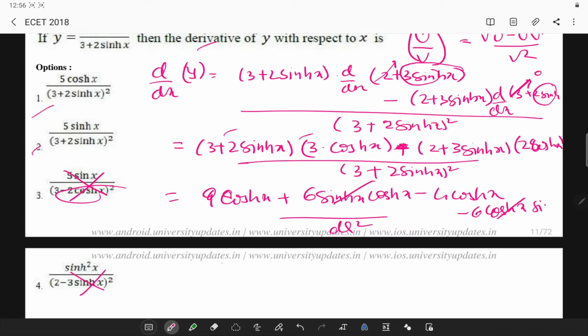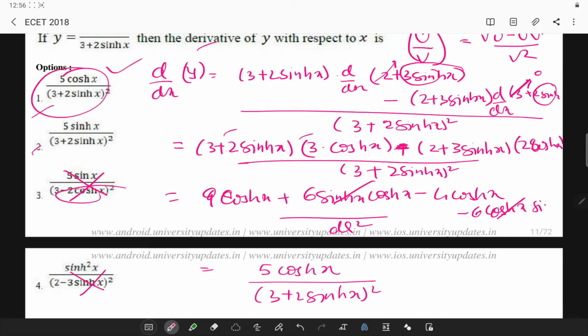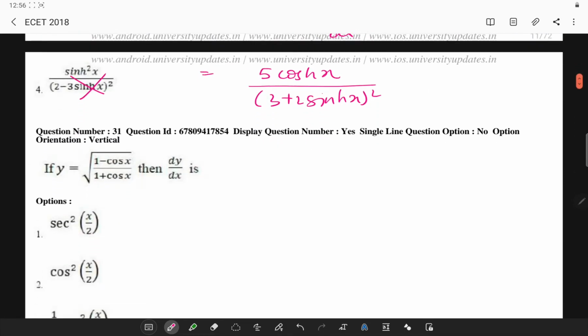These two are cancelled, and 9 minus 4 is 5 cosh x divided by (3 plus 2 sinh x) whole square. So option number 1 is the answer for this.